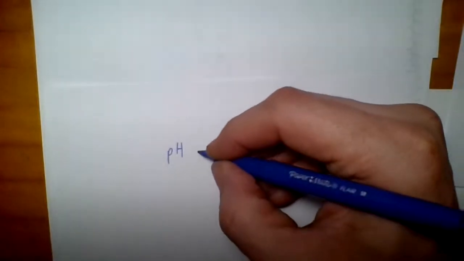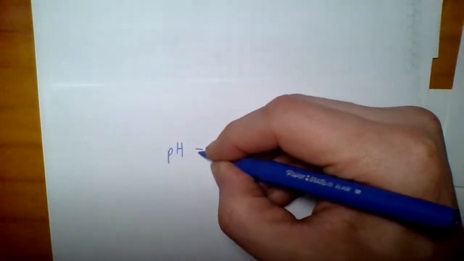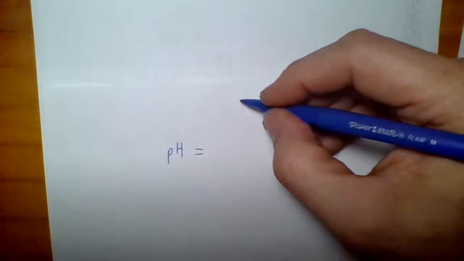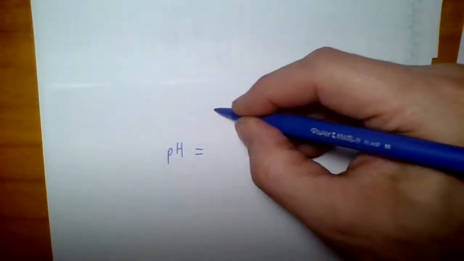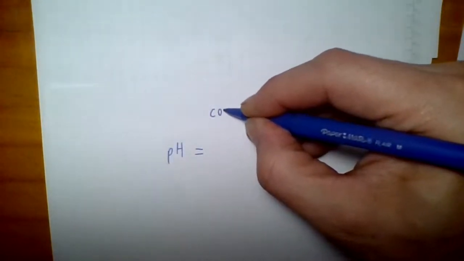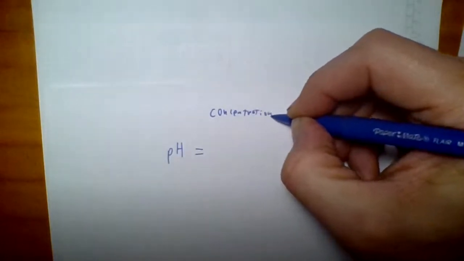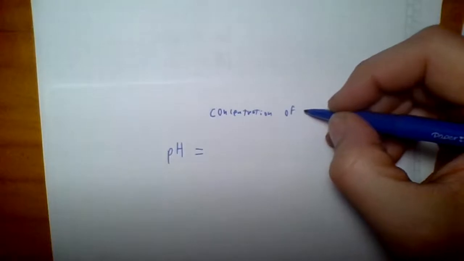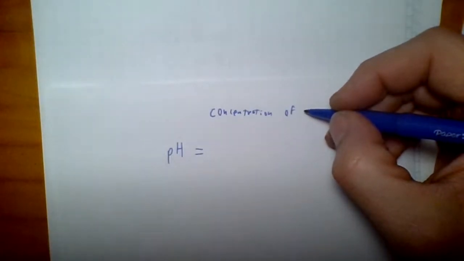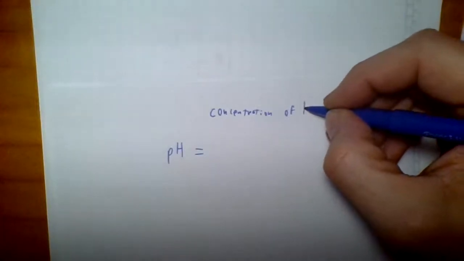The pH of a substance, what determines how acid or base something is, is really the concentration of hydrogen ions.